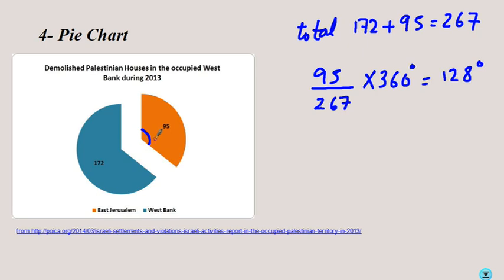So this angle here is 128 degrees. And by subtracting from 360, you'll find that this angle is 232 degrees. Again, the number of houses is a quantitative variable, and it's discrete as well.